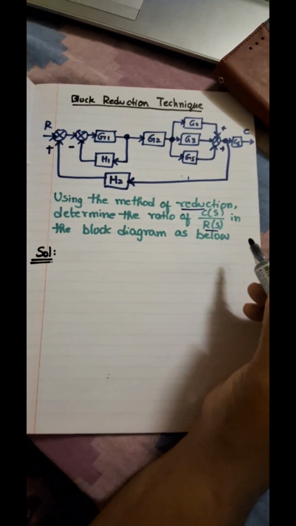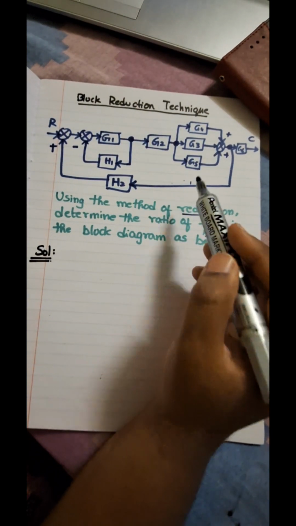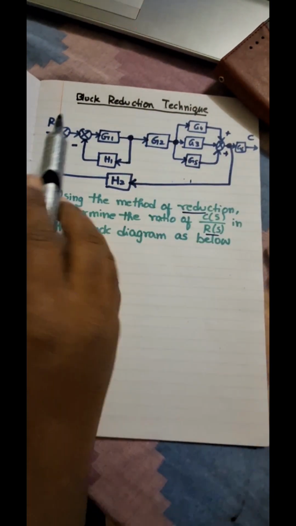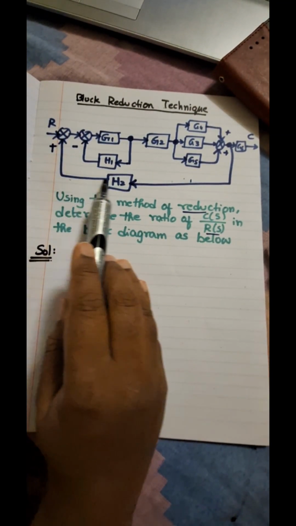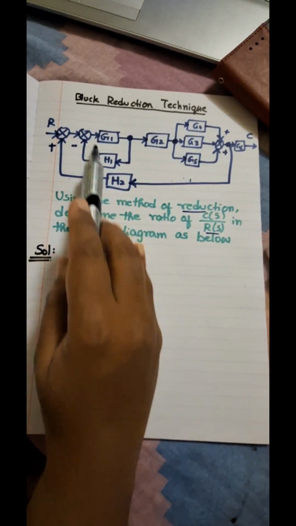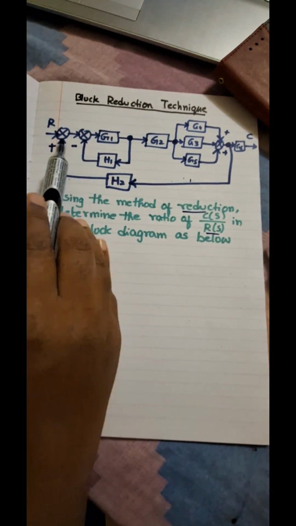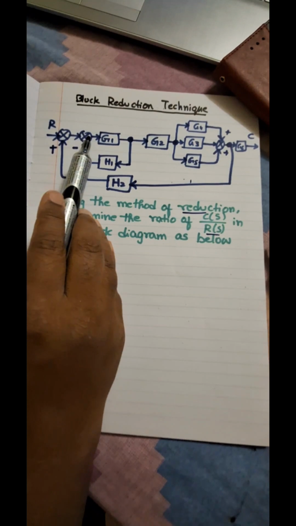In this problem, at first glance, if you start from R, you can see that there is a feedback going here. So this total solution should be done first, and only then can you apply this feedback. So you can't solve this summation now itself. Let's go to the second summation.